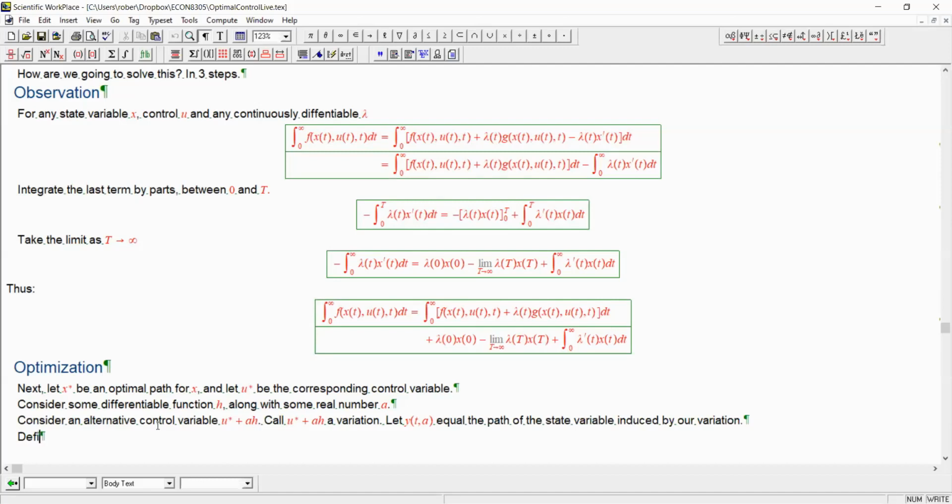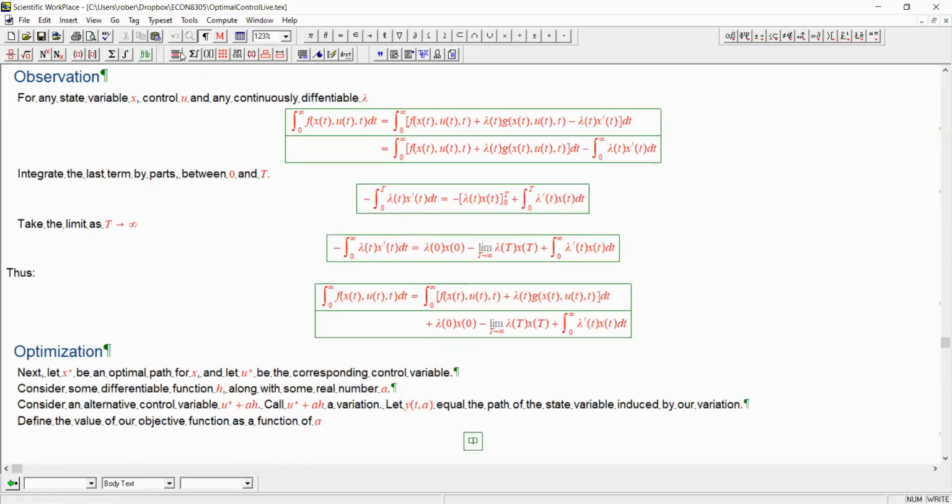Next, define the value of our objective function as a function of a. And let's call it j of a. And that's going to equal this, except that where we see x, we need to insert y of a, and where we see u, we need to replace our variation.